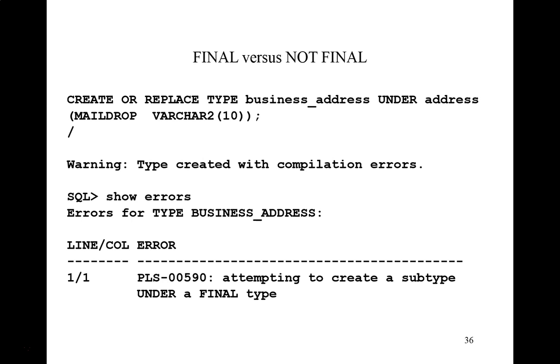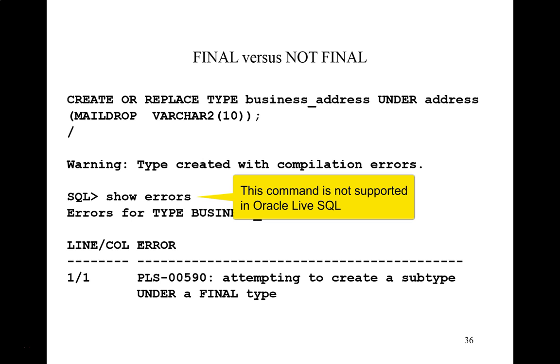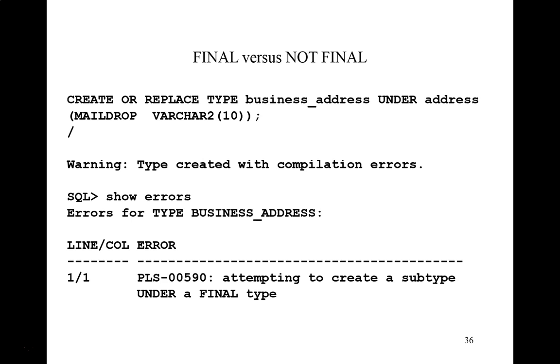Now, compilation errors can be examined in different ways. If you're using SQL+, this is the most convenient way, a show errors command. But if you're using Oracle Live SQL, the show errors command is not supported. What you would need to do is to execute a query against a table called user errors.